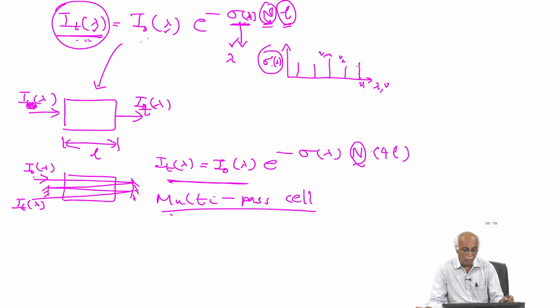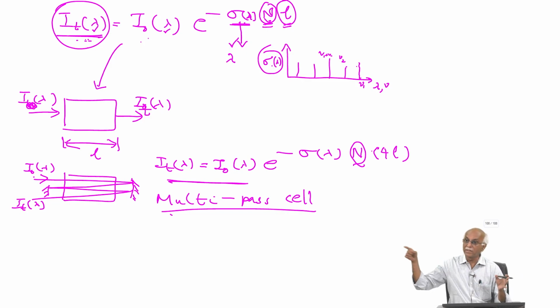This is quite easy. We can spatially design this cell in such a way that it allows multiple passes. There are such trace gas sensing cells available which can allow 32 passes, 64 passes, or more. Automatically the path length increases.